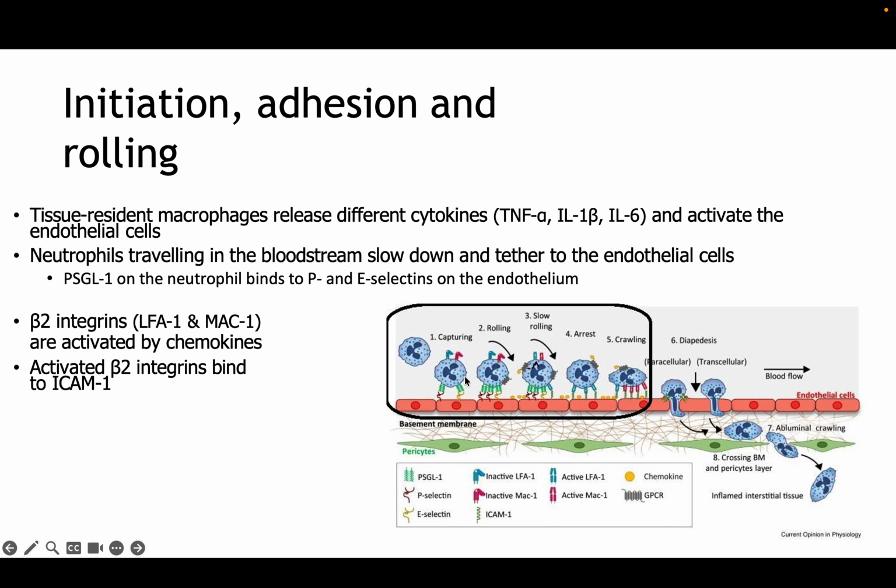They can capture them, but they're still rolling, and they're rolling slowly. When are they able to arrest? It's when you have the activation of LFA, binding to this ICAM. So once you have ICAM, as you can see over here, this actually stops it. It arrests it.